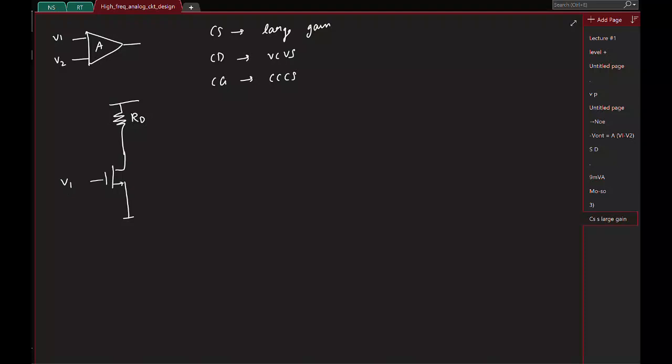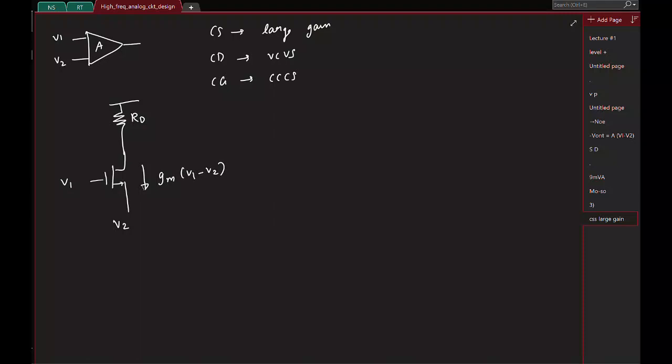But in an op-amp, what do we want? What should we amplify? The difference between two voltages. So obviously one trivial way is to apply the second voltage here, because then the incremental current is Gm times V1 minus V2, and that flows through RD to generate the required voltage.